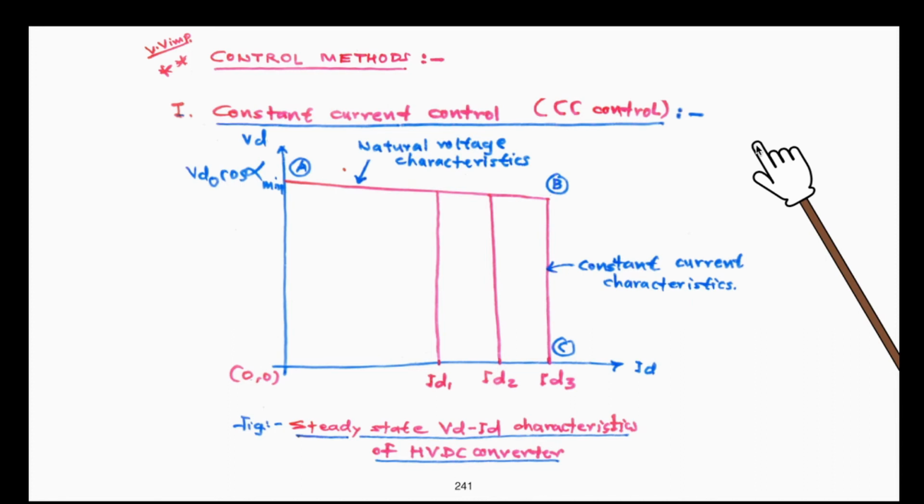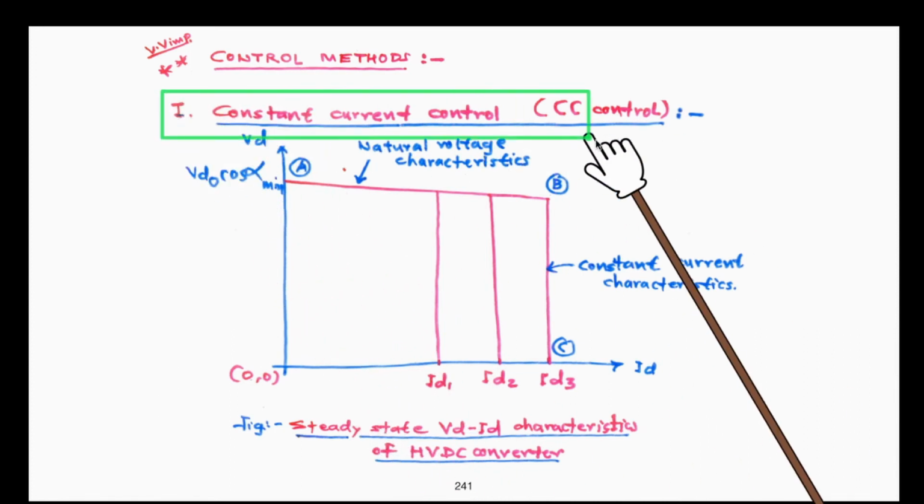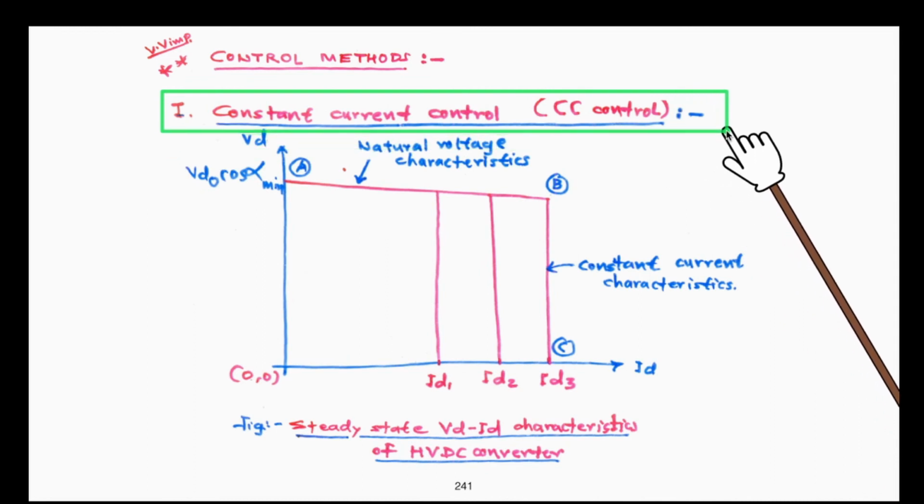So let us start our discussion on the very important first method of HVDC converter control, that is constant current control. In short, the acronym used is CC control or CCC.